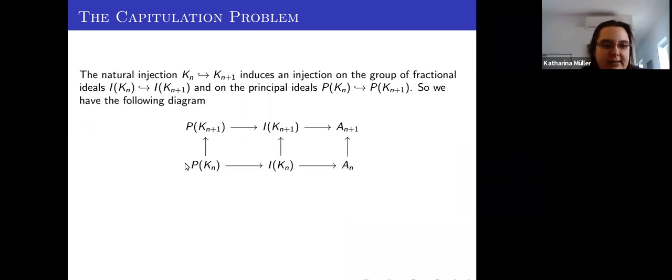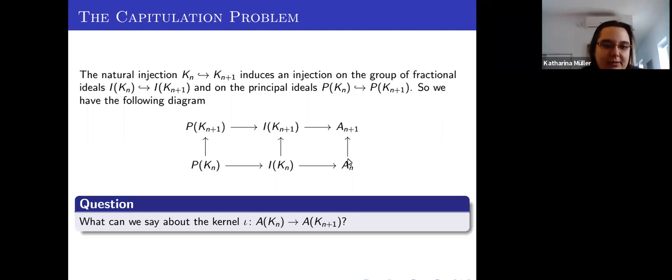So I get the following diagram. I have my two injections on fractional and principal ideals. And of course, this induces a map on class groups and also a map on p-class groups. Note that the rows in this diagram are not exact, because here I only look at the p part of the class group and not the whole class group.